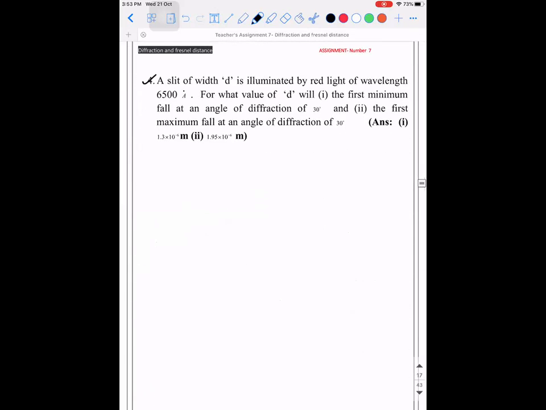Fourth, a slit of width d is illuminated by red light of wavelength 6500 angstrom. For what value of d will the first minimum fall at an angle of diffraction of 30 degrees? Okay. So what is the condition for first minimum?